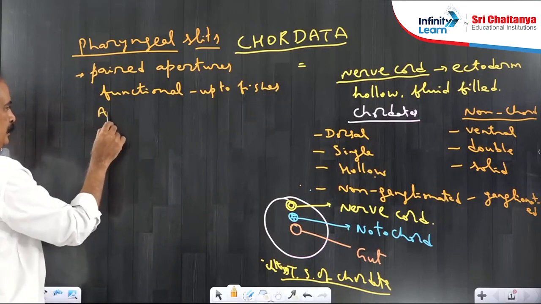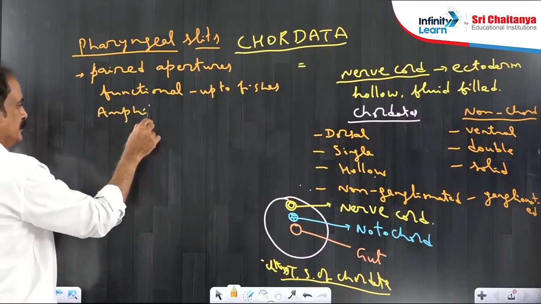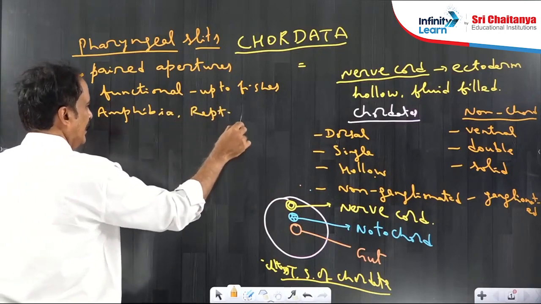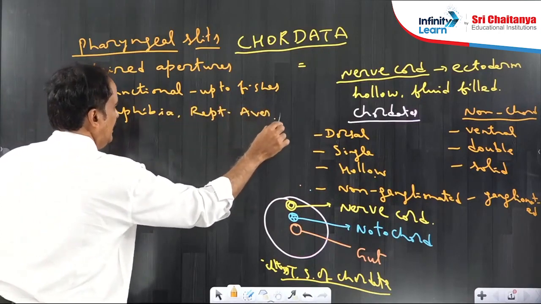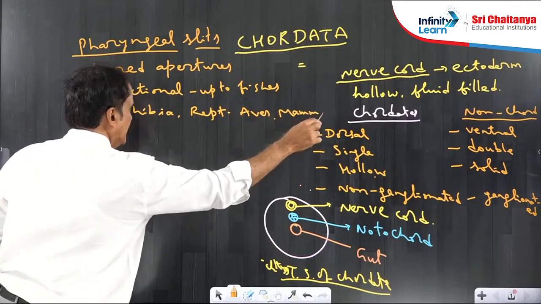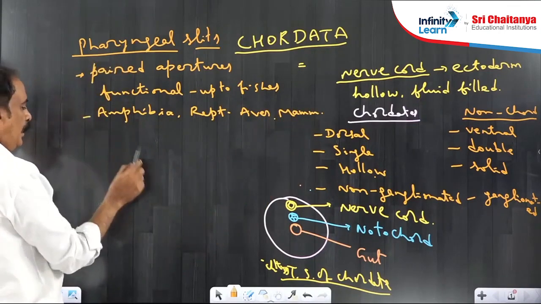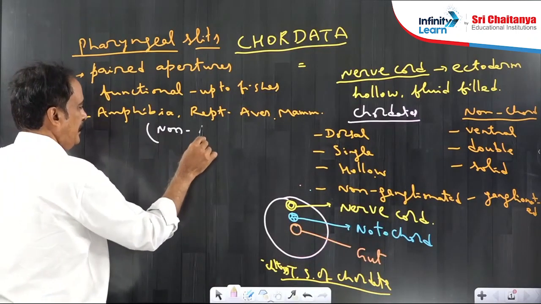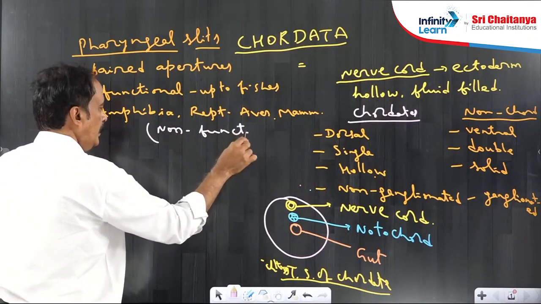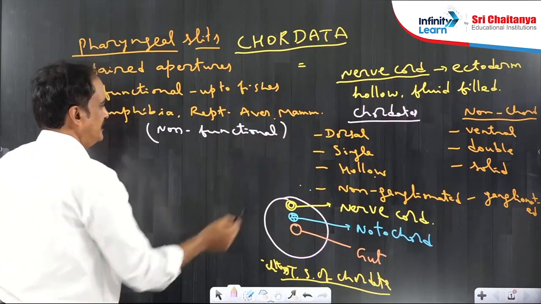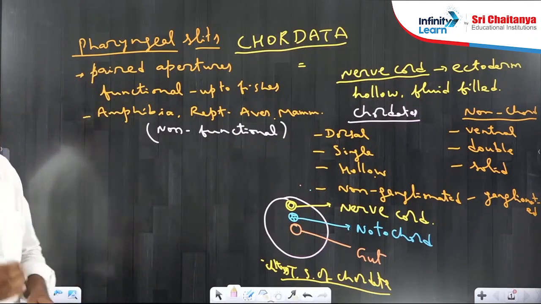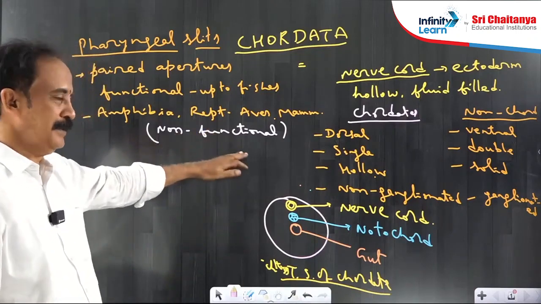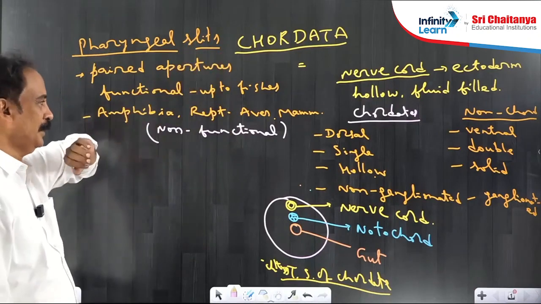From amphibia onwards, that is adult amphibians, reptiles, aves and mammals, these are present as non-functional structures. During the embryonic stage, we also have them. We also have pharyngeal slits when we are developing, right? So they are present as non-functional structures. That's why we come under chordates.